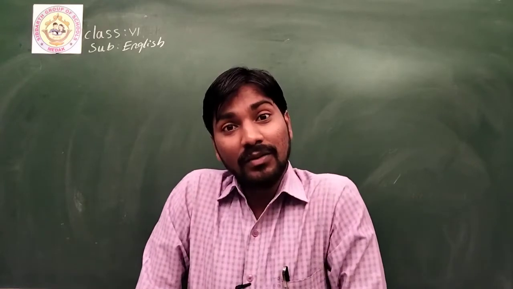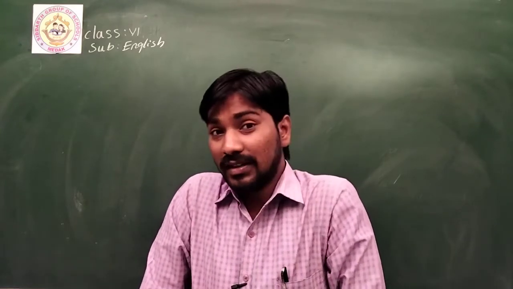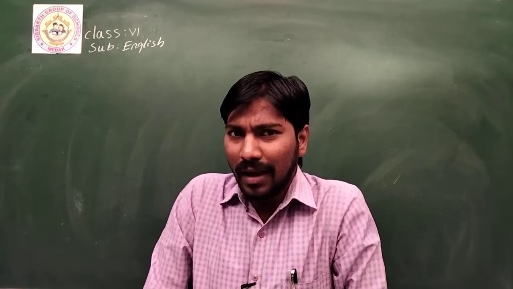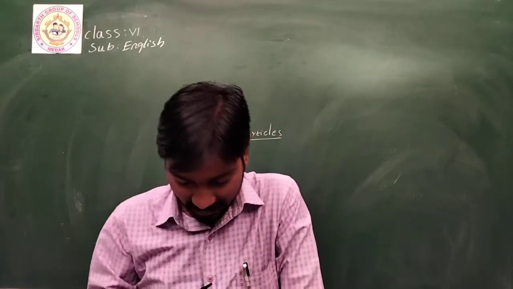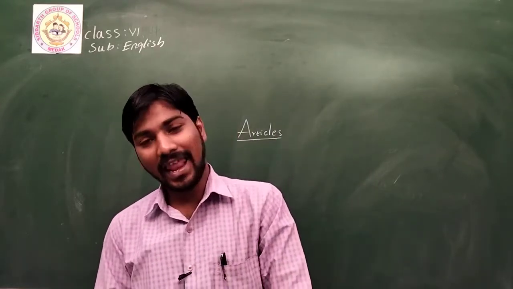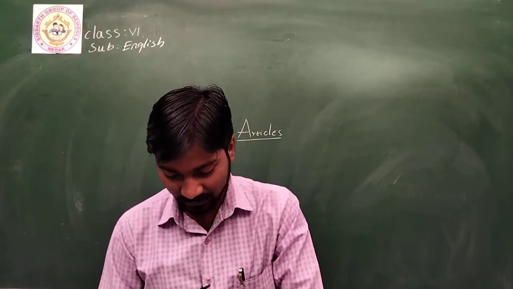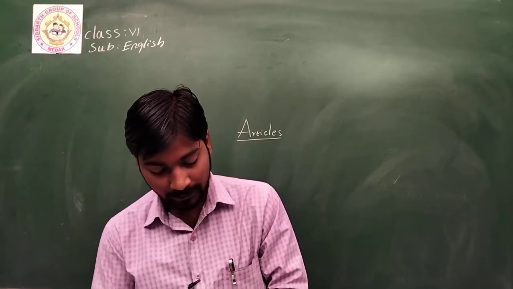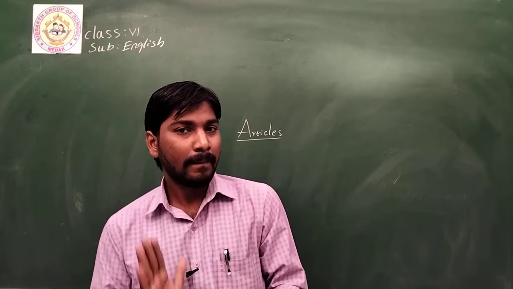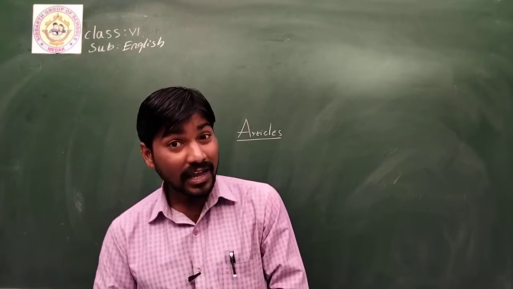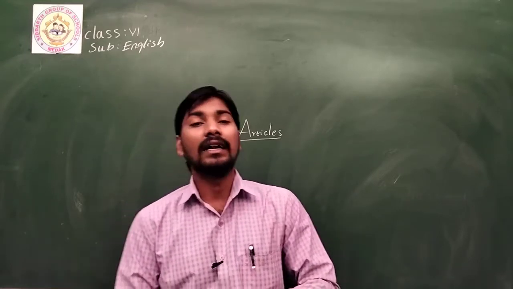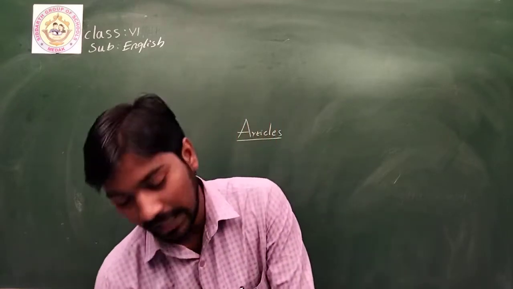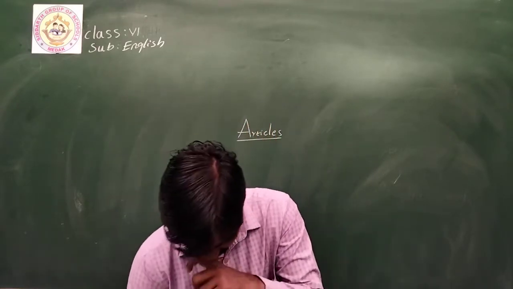We come to know that before this sound a, before this sound an, but my question is, first, where we have to use those a and an. That I am going to teach you in this session. In this class we are going to learn where we have to use these articles a, an, or the.